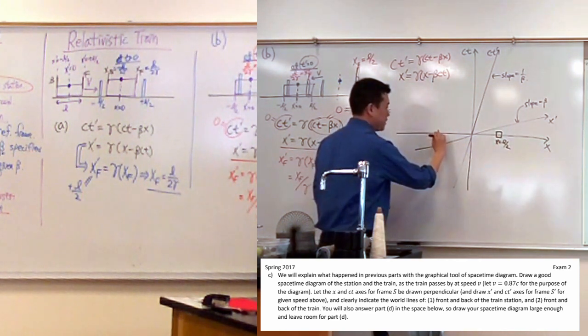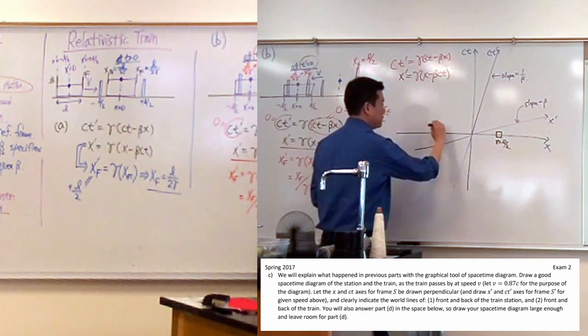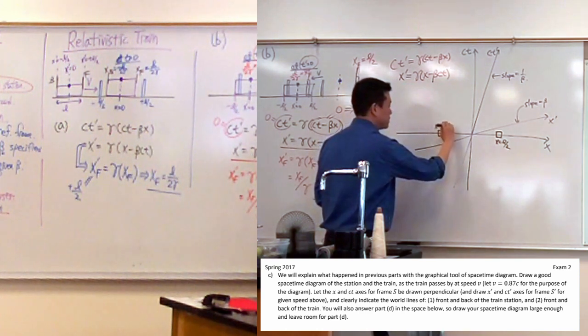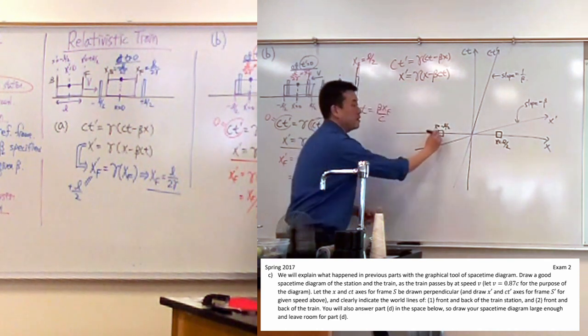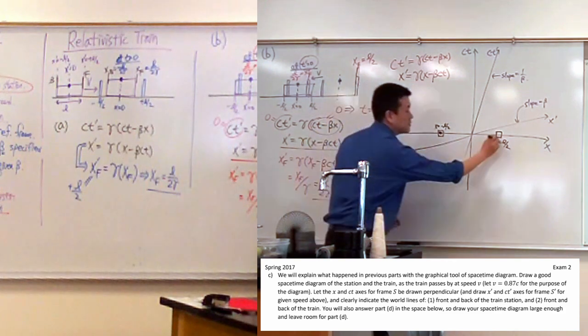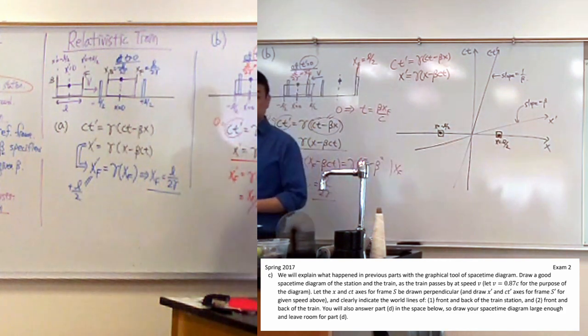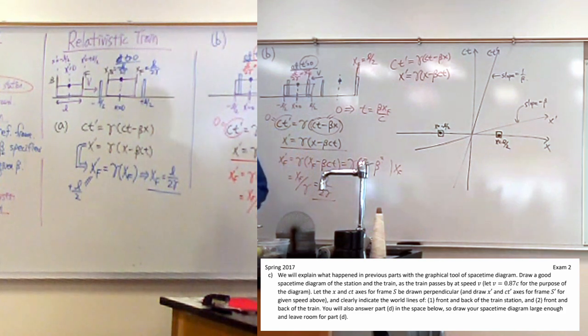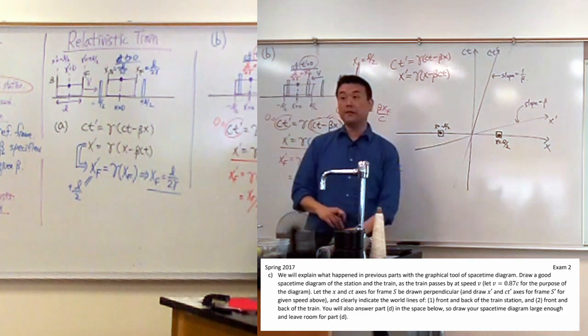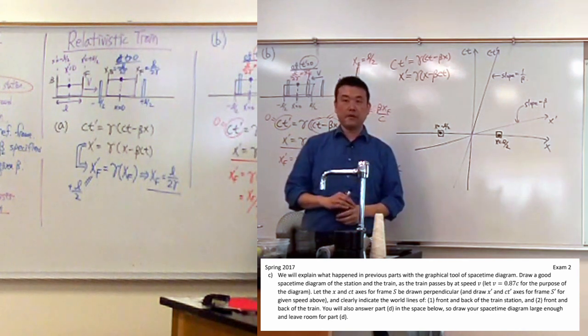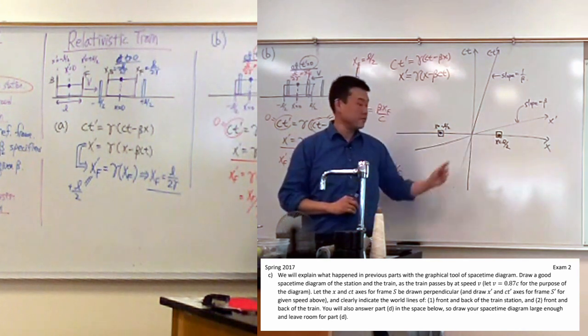The other end of the station here at x equals minus L over 2. These are the space-time coordinates of the endpoints of the station, right? At other times, how do these endpoints travel on this space-time diagram? What does the trajectory of these endpoints look like?